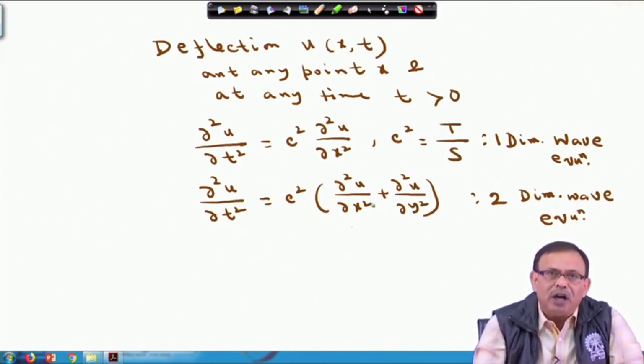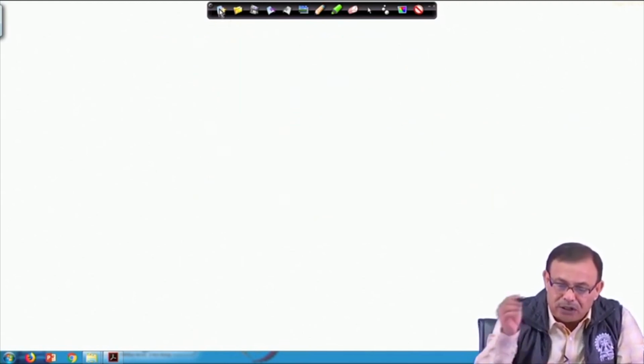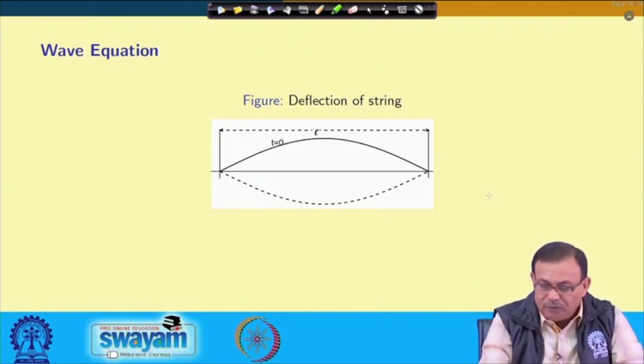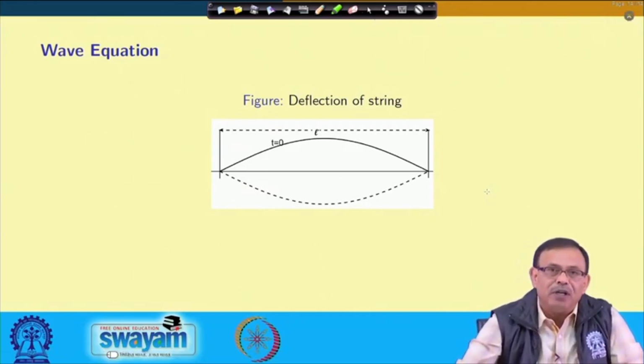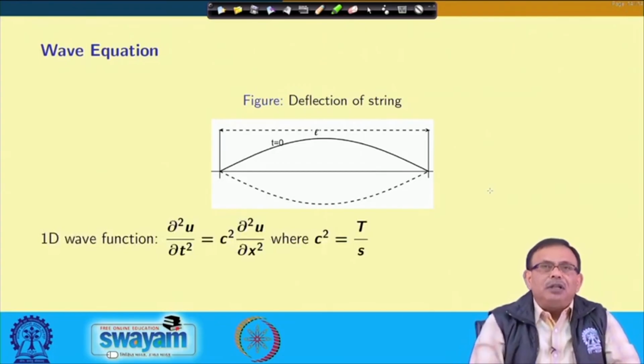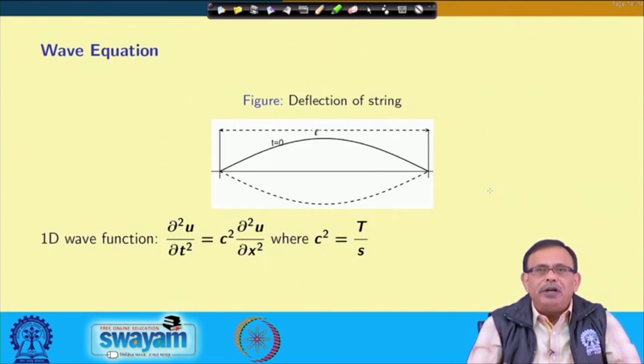First one is the one dimensional wave equation. I am not going into how the wave equation is derived, because then we would have to go at length elsewhere. We are just defining the equation so that you are familiar with it. The string is fixed at 2 points; you release it at time t equals 0 and allow it to vibrate.